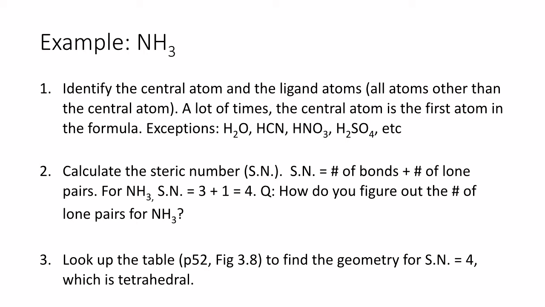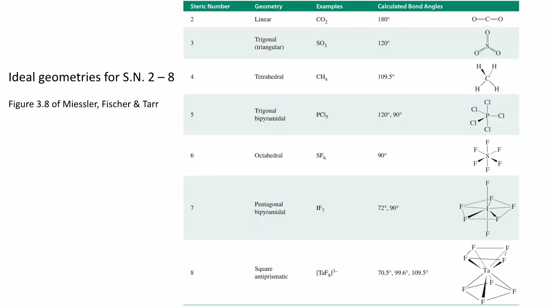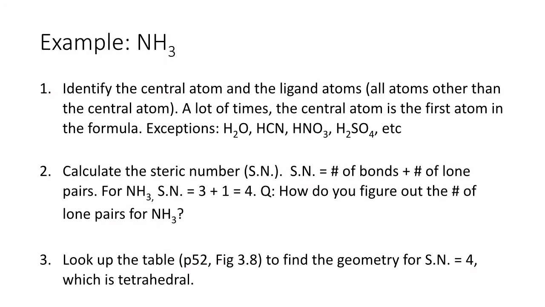And if you look at the table, you see the ideal geometry is tetrahedral. Okay. Now, the example here with methane is highly symmetrical in that all the electron pairs are in the form of bonding pair. Now, that is not the case with ammonia, because in this case, there's 1 lone pair and 3 bonding pairs.